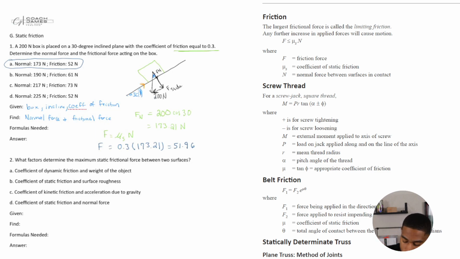So in the event where there was no sliding, we would have the weight of the object, and the normal force, this would be force normal. It's always perpendicular. This is the weight.